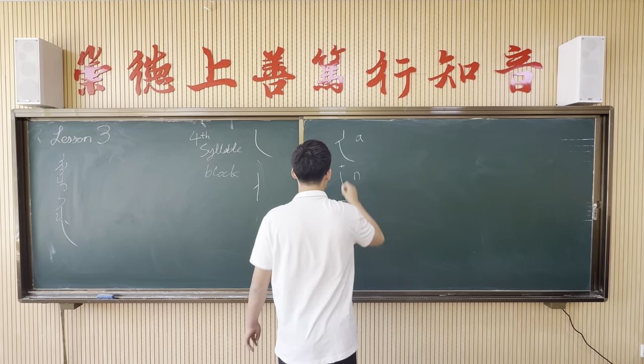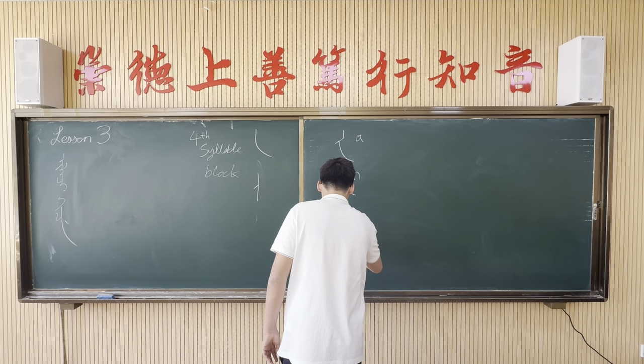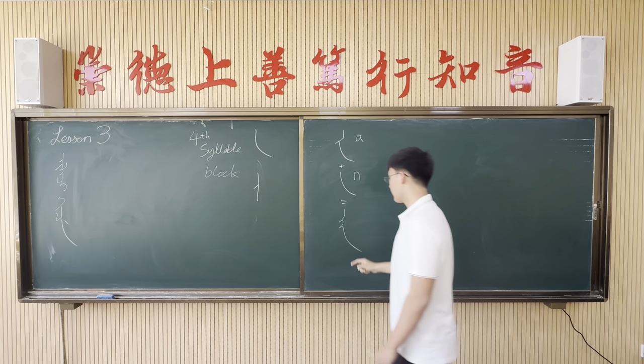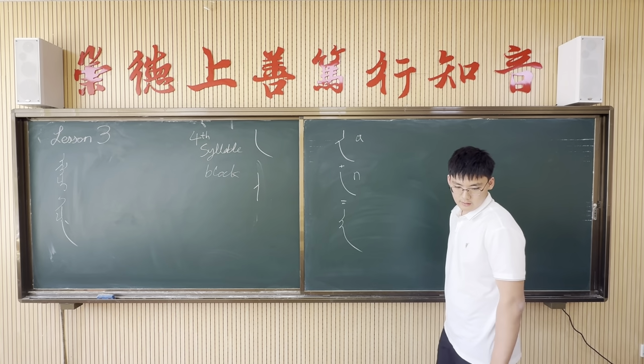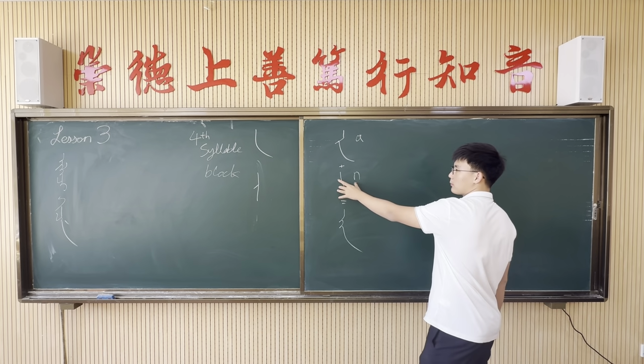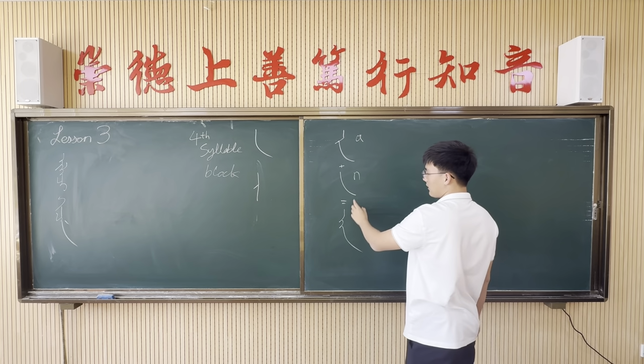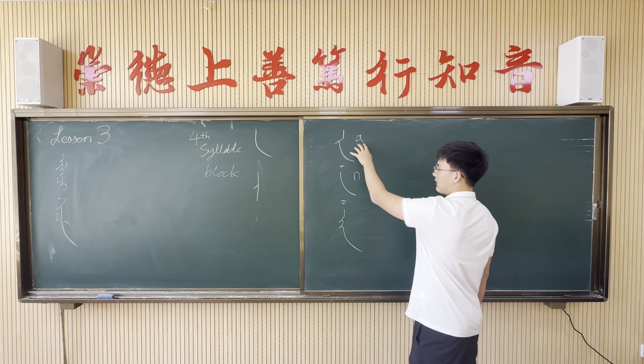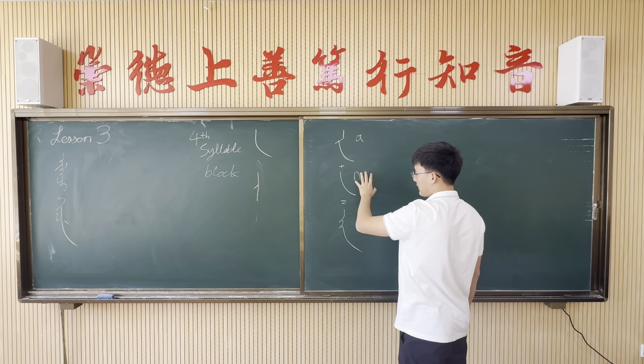So when you connect these, it's going to be an, right? An. That's the fourth syllable block. And now since you add a and the fourth syllable block, which is pronounced like N, this word becomes an, right? A plus N is an.